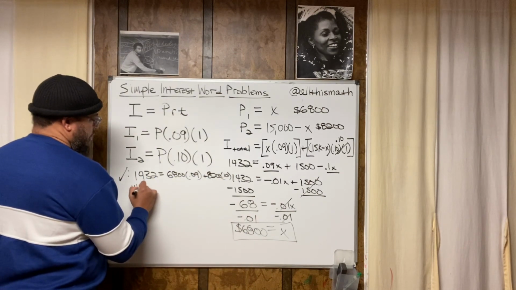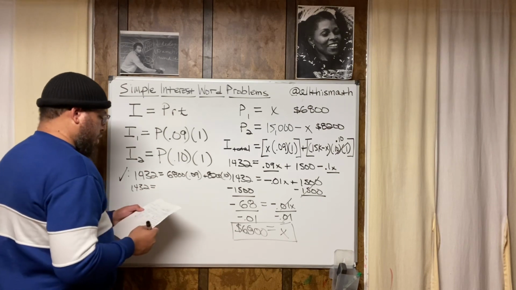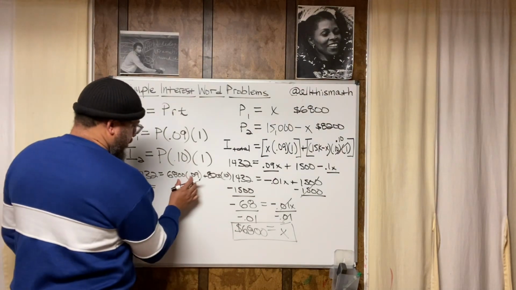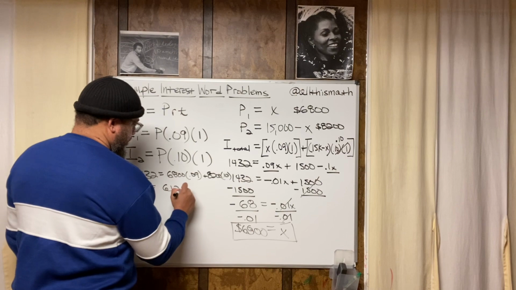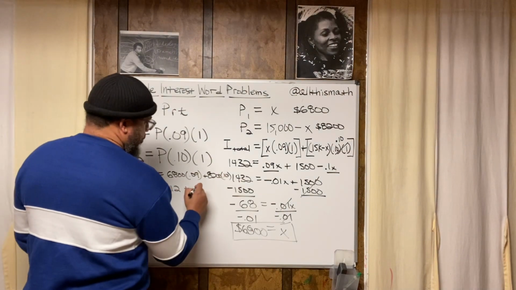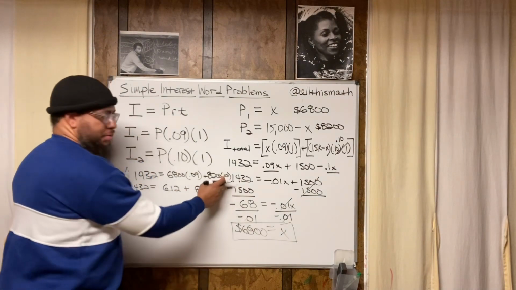So 1432 is equal to, this is $612, and this is $820.